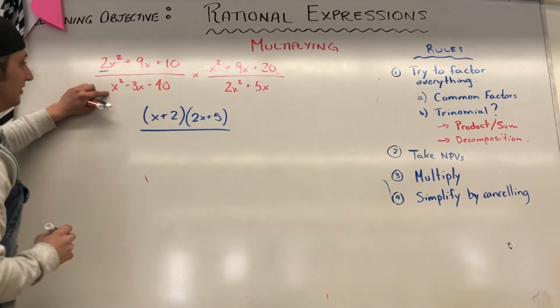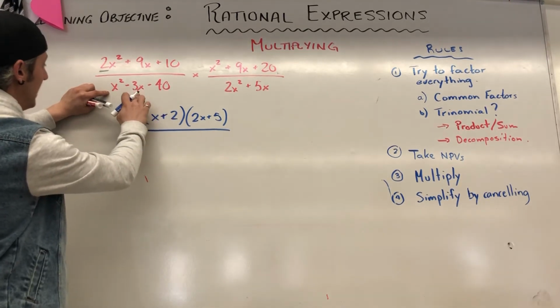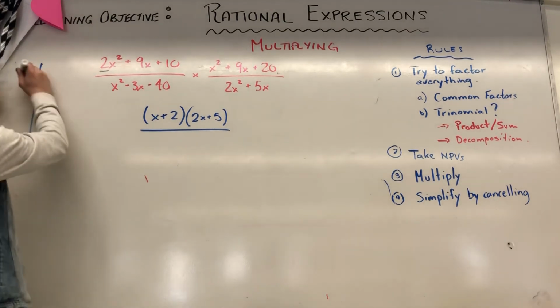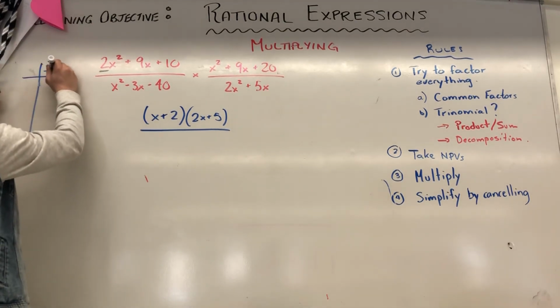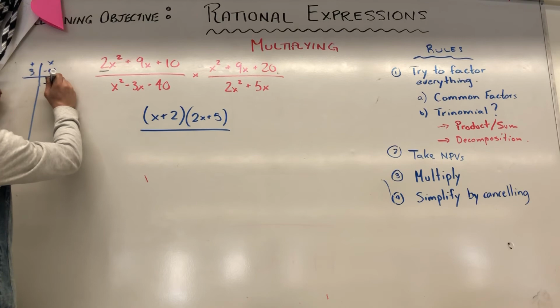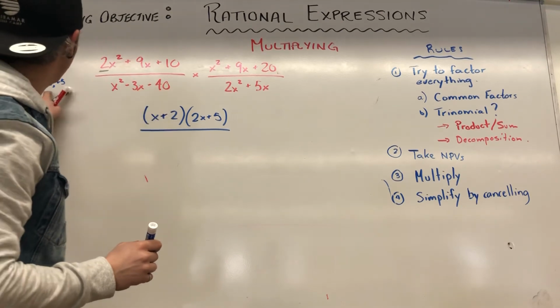Now I'm using product sum here. Two numbers that multiply to negative 40 and add to negative 3. And those would be negative 8 and positive 5. Negative 8 times 5 is negative 40. Negative 8 plus 5 is negative 3.